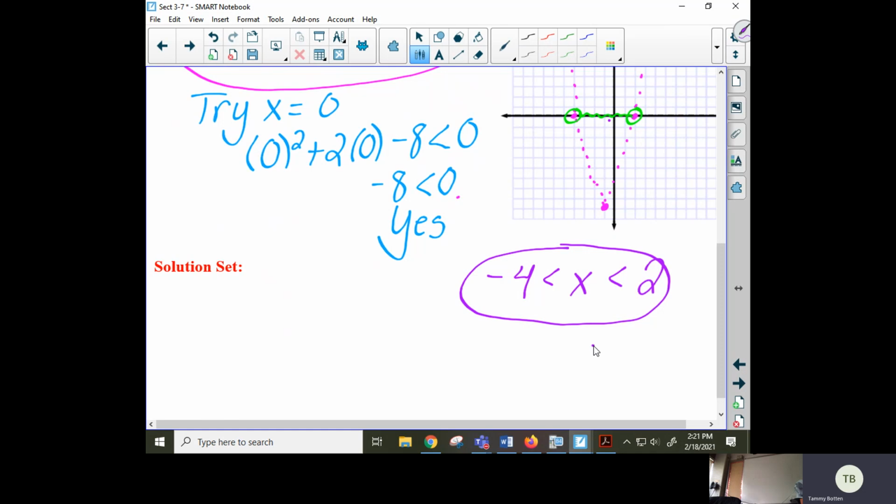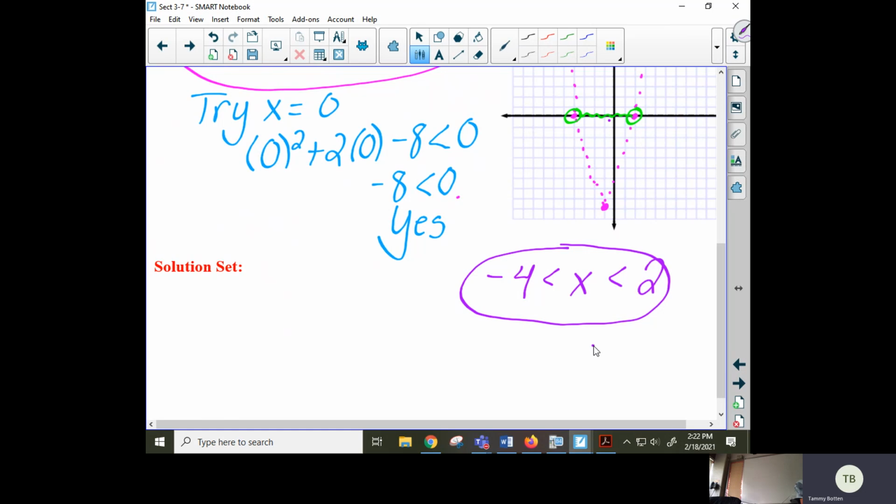So that means it's shaded inside. If it's shaded inside, that means it's not shaded outside. If it's shaded outside, that means it's not shaded inside. Does that make sense? What happens if it didn't work? If 0 didn't work, you can assume that it's going to be shaded in these 2.